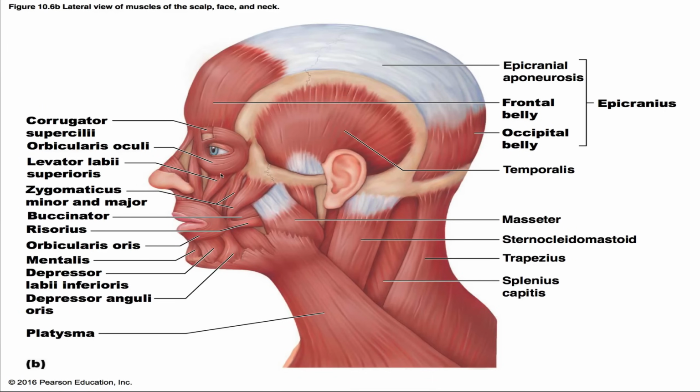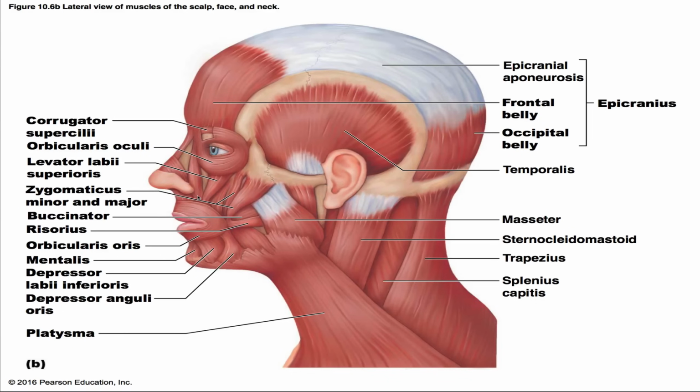And the origin is the zygomatic bone and the inferior orbital margin of your maxilla. And the insertion for this is going to be the skin and muscles of your upper lip. And this levator labii superioris allows you to open your lips, so it raises the furrow of the upper lip.